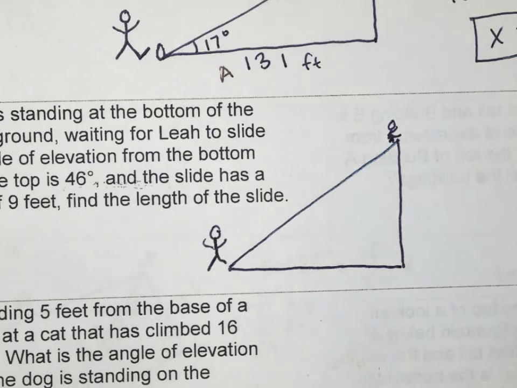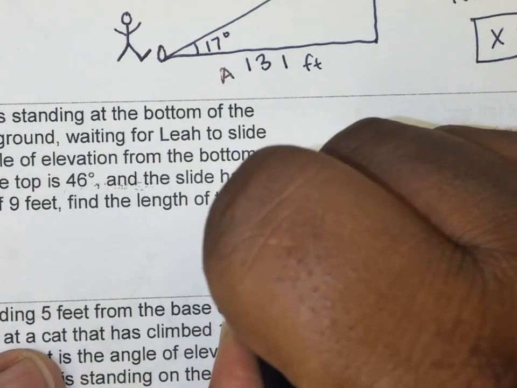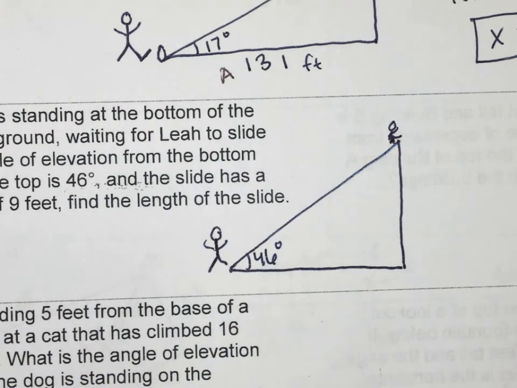Alright. So it says the angle on this one was 46 degrees. What's the name? Faithful. I'm putting 9 feet at the what? You're whispering.